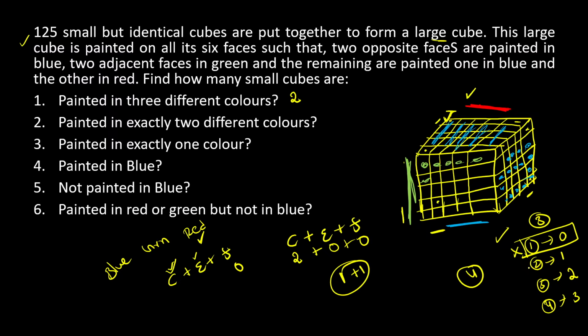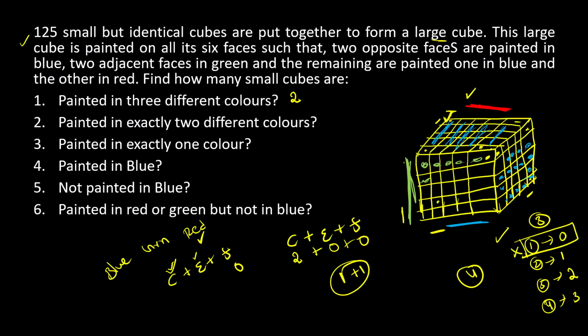The corner cube which is painted in exactly 1 color happens only when 3 mutually adjacent faces are painted in 1 color. I am talking about this one. If you consider this face, even this face should be painted in 1 color. Did that take place?